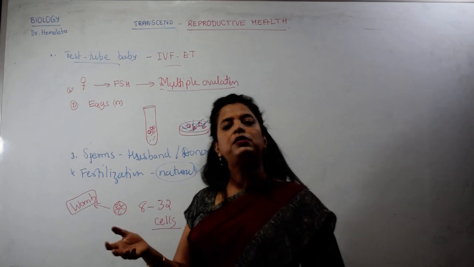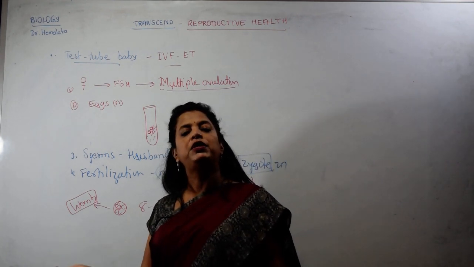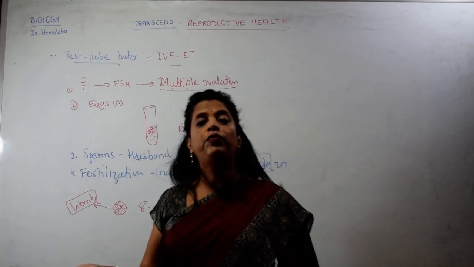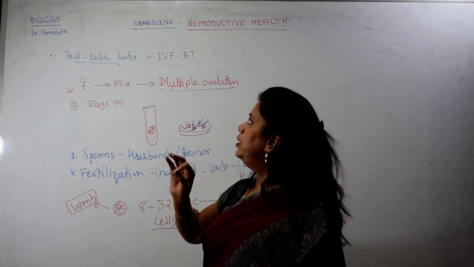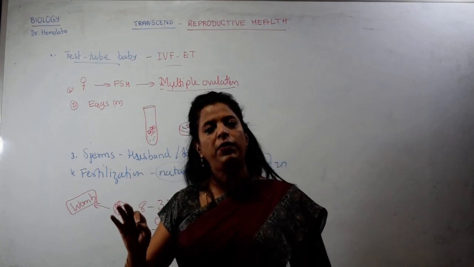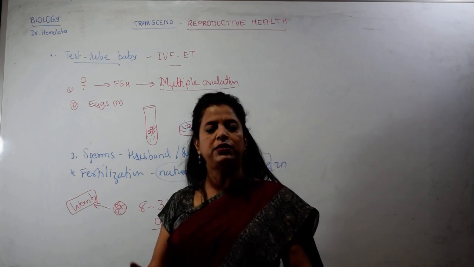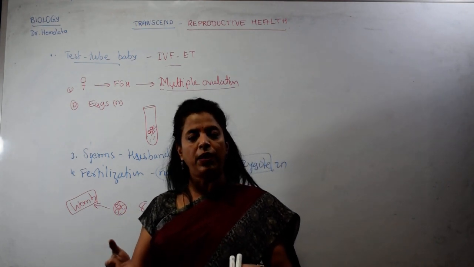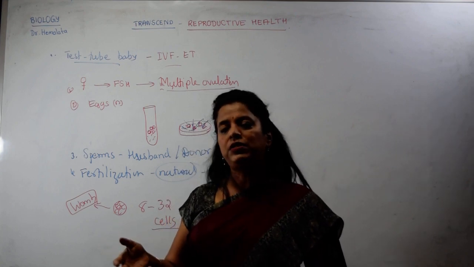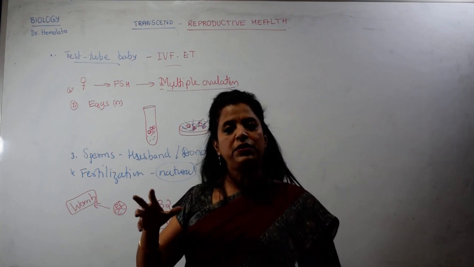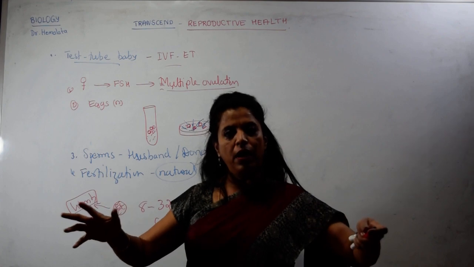Therefore there are chances that some kind of infections may happen. Test tube baby is a 100% guarantee to have a baby with the required parents, whichever parents they want, they take the gametes from them. But sometimes this may not be completely healthy.